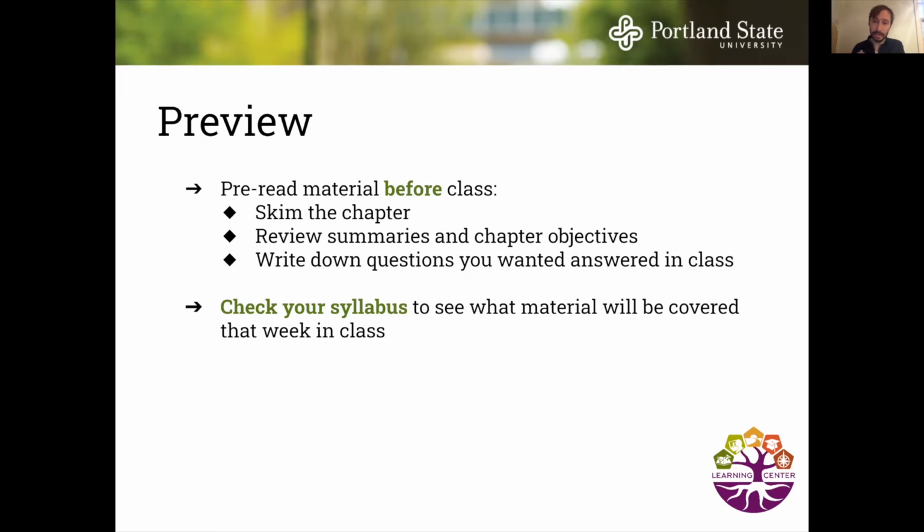Skimming would include noting the headings, charts and graphs. Sometimes at the end of chapters, there's a chapter summary, so one idea could be going through your chapter summary. There are also chapter objectives before the chapter. You can look over that. And you can find what's going to be covered in class by going through your syllabus.